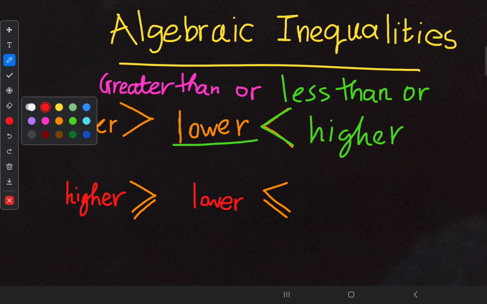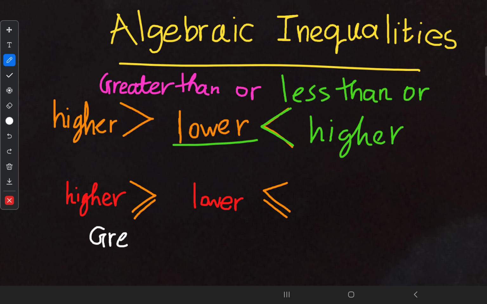To read this symbol we use greater than or equal. This line indicates equal. Greater than or equal: this is the way we read this particular symbol.